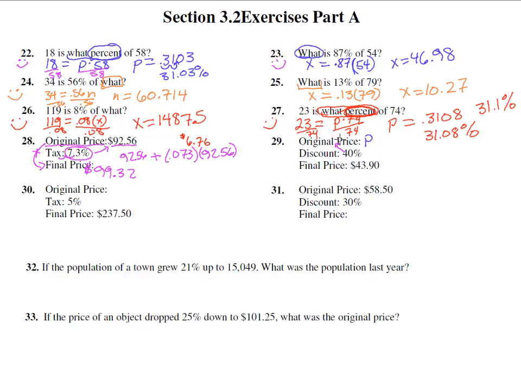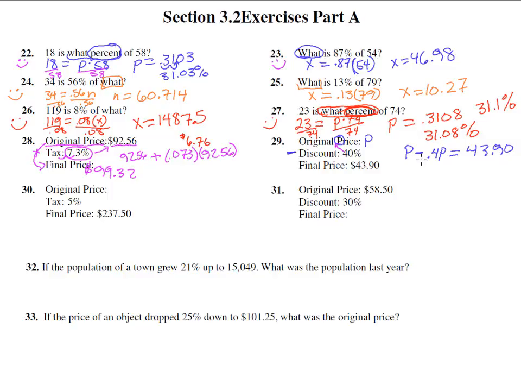That's our variable, price, original price. And in order to find out the discount, we would have to take 0.4p. That's the amount of the discount. And discount means subtract on sale. So we would have to subtract this from the original price in order to equal the final, which is $43.90.